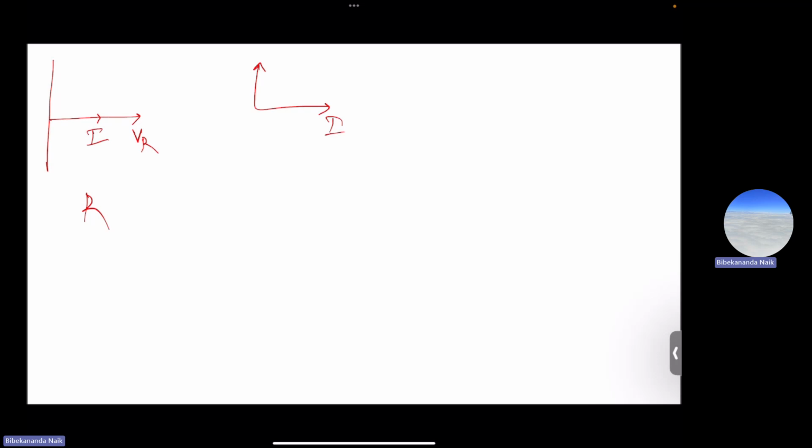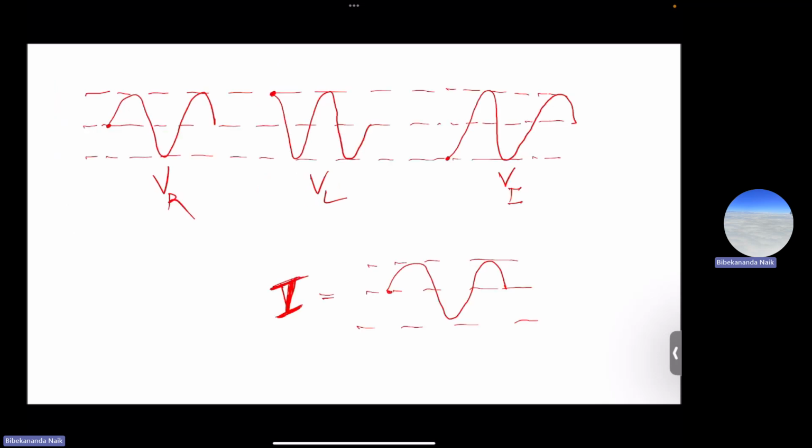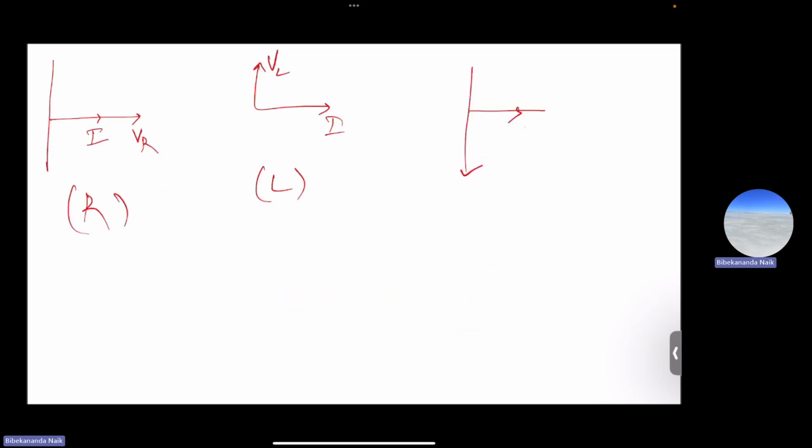This is I, this is VL for the inductor. This is I, this is VC, which is for the capacitor.